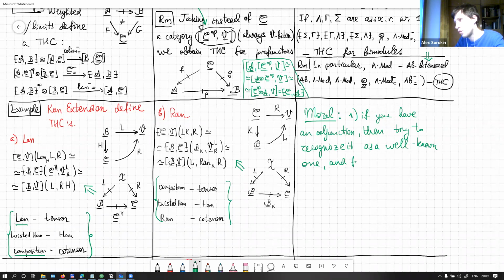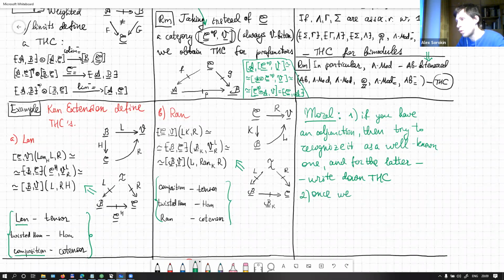And for the letter, write down Tensor-Hom-Cotensor.